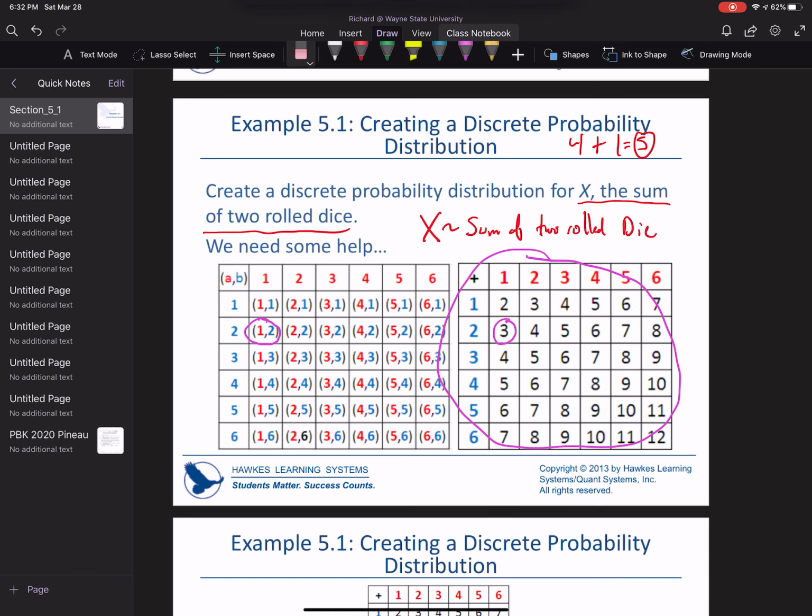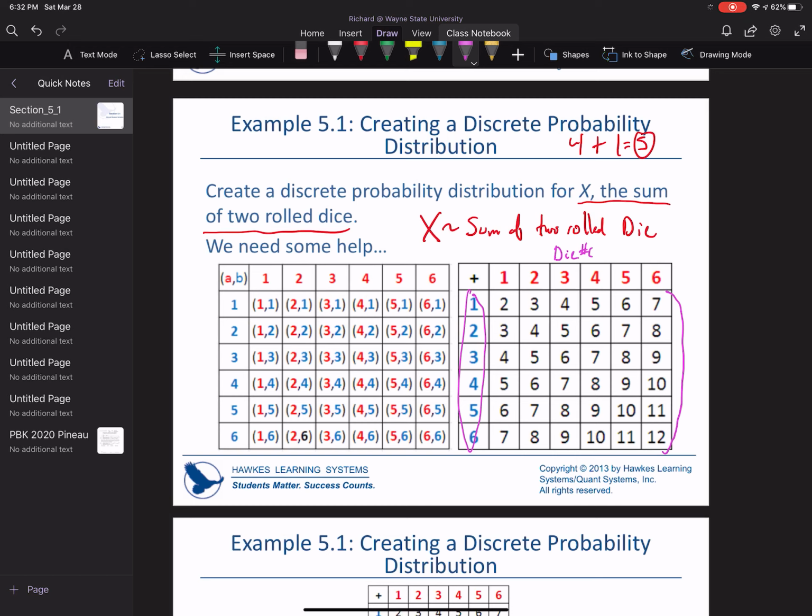And if you remember in section 4.1, we actually created this very chart. Okay, and so if you had it in your notes, you can come back to it. This is actually the chart that we need in this particular section. Again, all the numbers that are in black represent the outcomes, and so you could maybe call this die number 1, and you could maybe call the blue here die number 2.